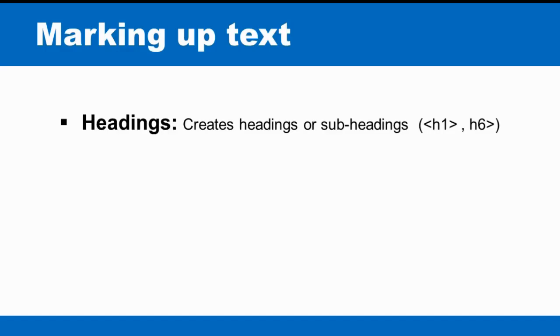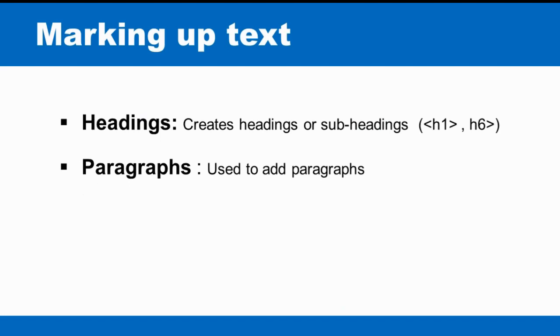We have also used the paragraph tag so far in this course. So I'm going to show you an example of using a paragraph tag to mark up or add a paragraph to your web page.